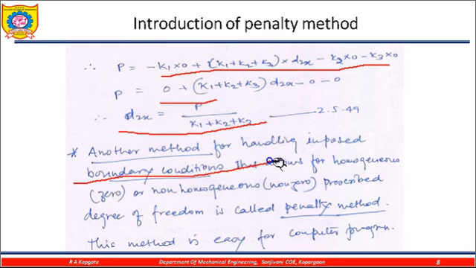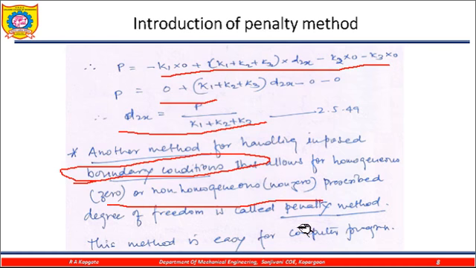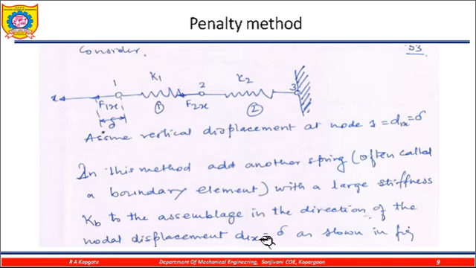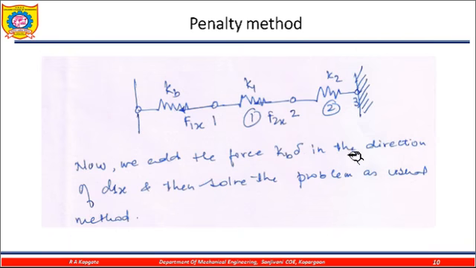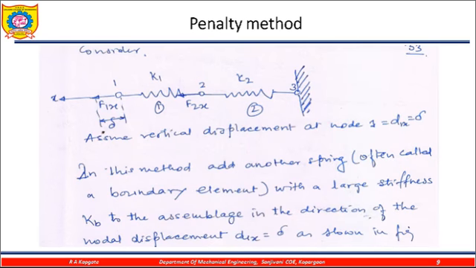Another method for handling such type of boundary condition is the penalty method, or the delta method. What we did here is that delta is added. This delta means we have taken another stiffness matrix, and we added this one, a delta value, with a stiffness matrix KB, with a delta matrix KB.